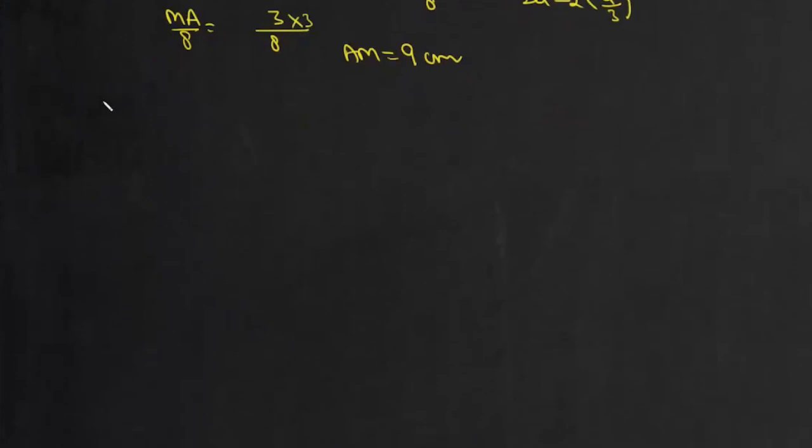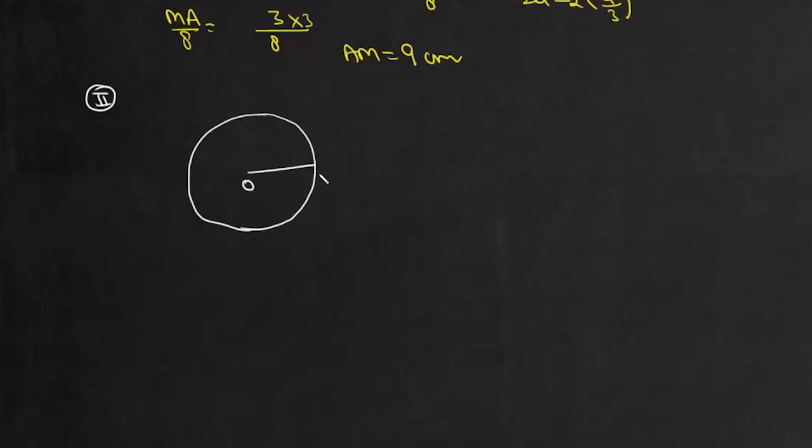So for this second statement, we are given a circle whose one of the radiuses is OA. So this is O and this is A. Now there is a point R on OA through which a perpendicular chord CD is drawn.